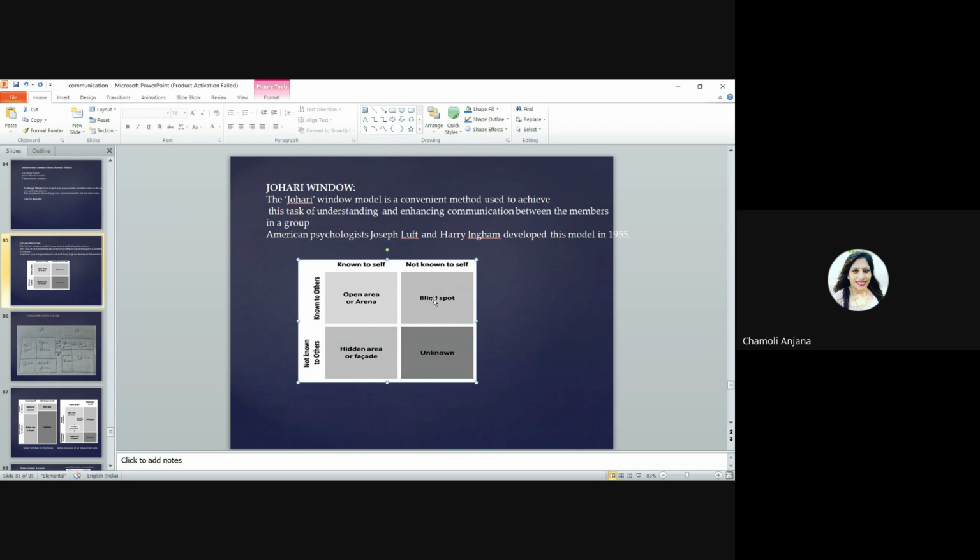He is very expressive, he talks to others, and he likes to share whatever about himself. So he talks more and tells everything about himself to others. But at the same time, there is no self awareness. That means he is not open to the feedback given by others, and that is the reason he does not know much about himself.